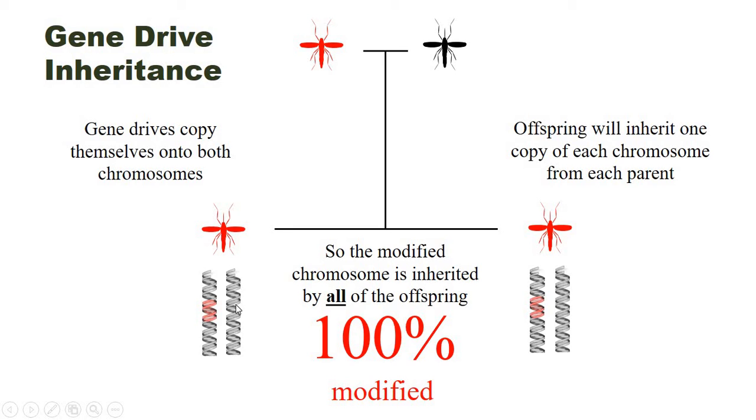So all 100% of these will be modified, because these offspring will inherit one copy of each chromosome from each parent, and this parent has the homing endonuclease on both copies of chromosomes. So this will go from one to each of the offspring, and then this will copy again. So all of their offspring will also have this gene drive, and then their offspring will also have this gene drive.